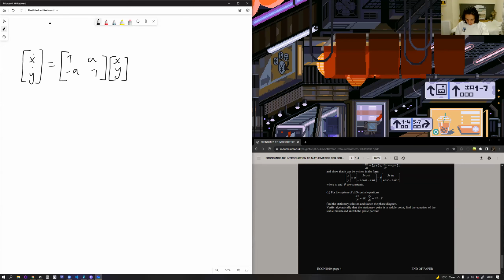Getting the eigenvalues of this matrix, you get 1 minus that, and then plus a there. So eventually you get -2 plus that, plus a. I believe the result of this was, yeah, so you have to solve this one. So you've got a plus 1. I believe the result of this was 1 plus or minus i.